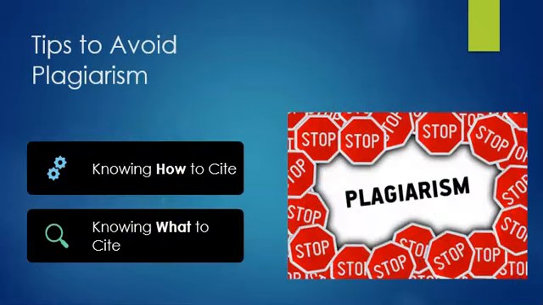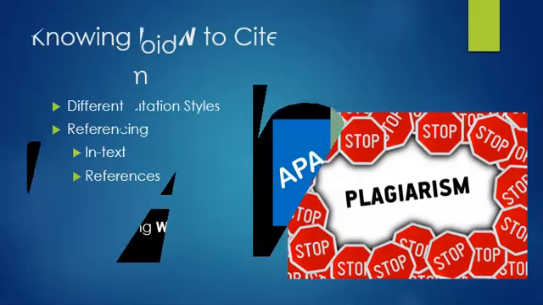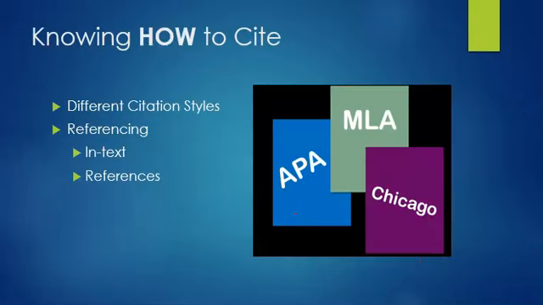What we, the Forde Library, want to impart to you today is two broad tips to help you avoid plagiarism. The first is knowing how to cite, and the second is knowing what to cite. As it relates to the first, academia has different citation styles that cater to the various disciplines.